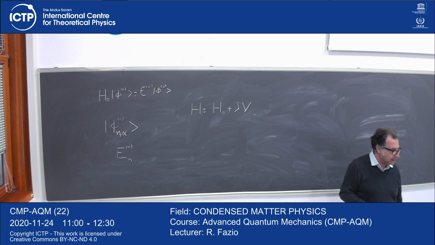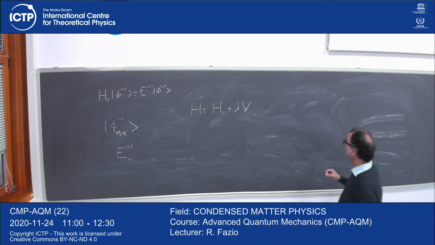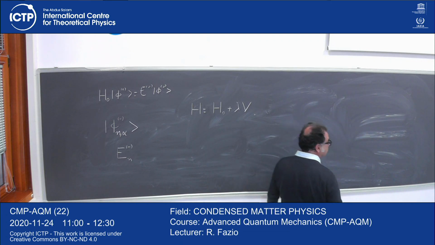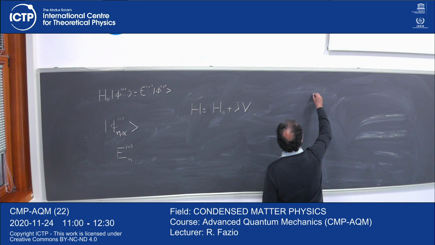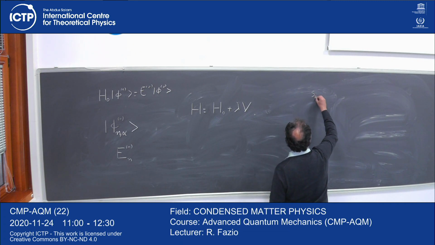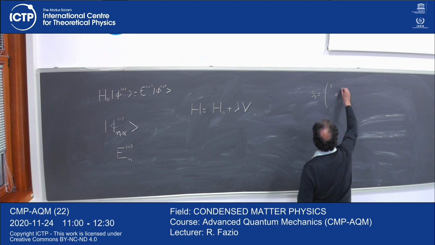Let me give you one simple example, very stupid. Just imagine the following. Suppose that you have a spin 1 system. Spin 1, so Sz is equal to 1, 0, minus 1.